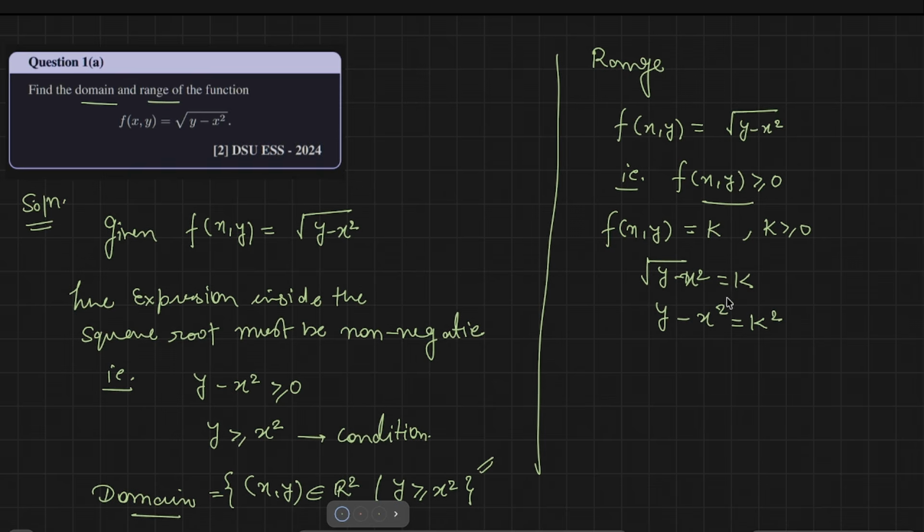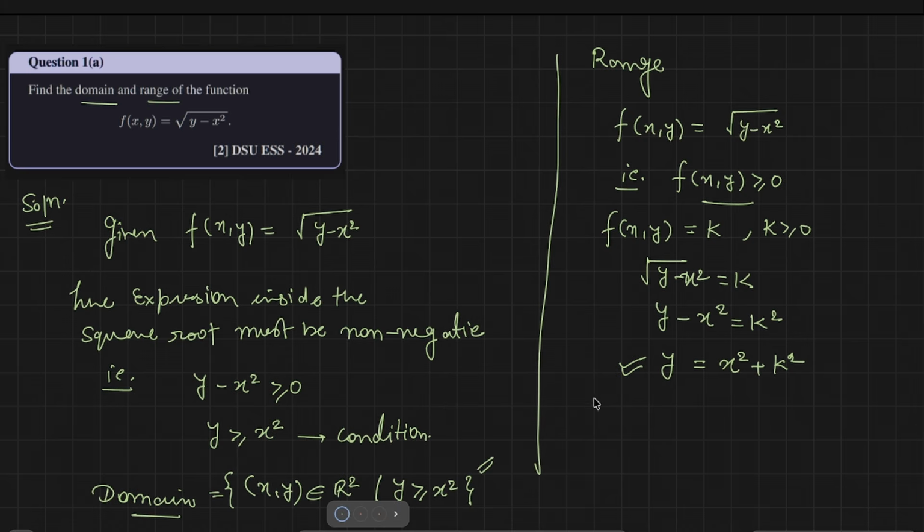Then from here, if you see this, y is equals to k square plus x square plus k square, where k is any constant. Now y is greater than or equal to 0. For any value this will exist.